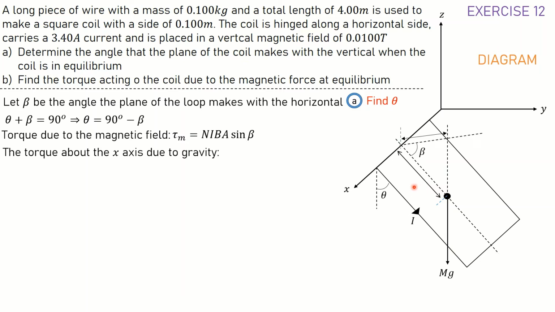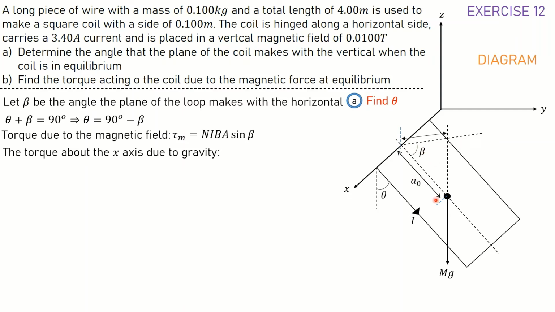If I call it, for example, a0, it is simply, since this is the center, the total length here, which I can call a, divided by 2. Now we can use trigonometry because this forms a 90-degree angle, so this here is actually going to be a0 times the cosine of beta, because it is the adjacent.